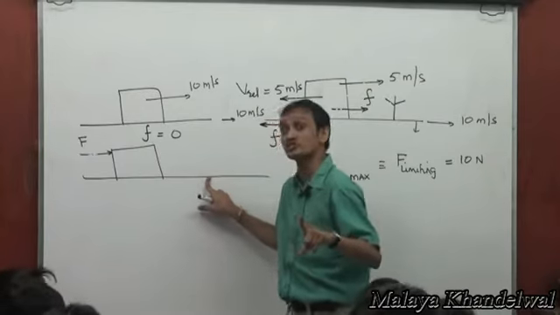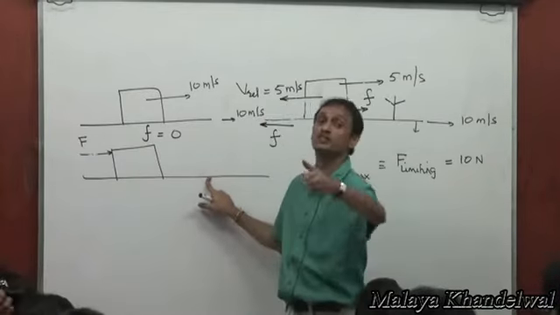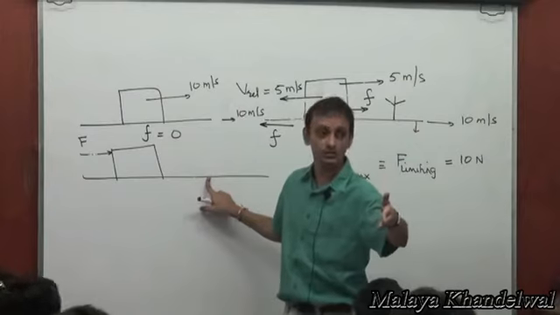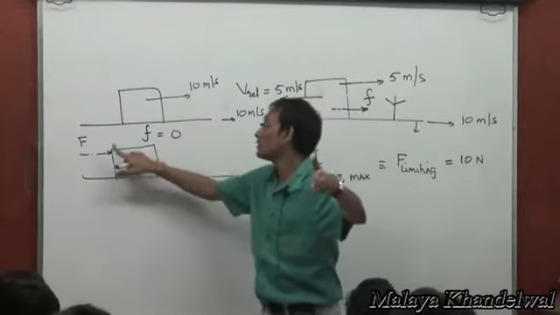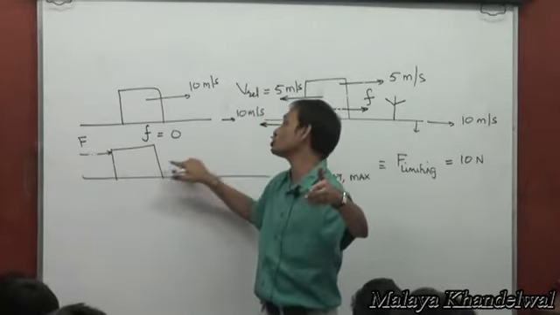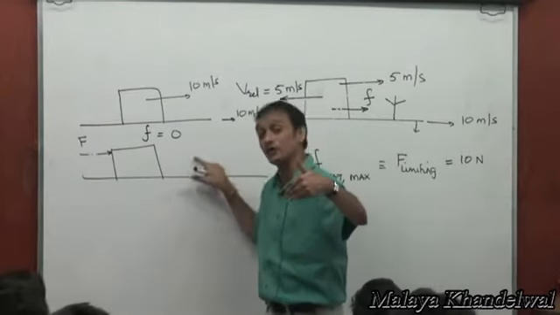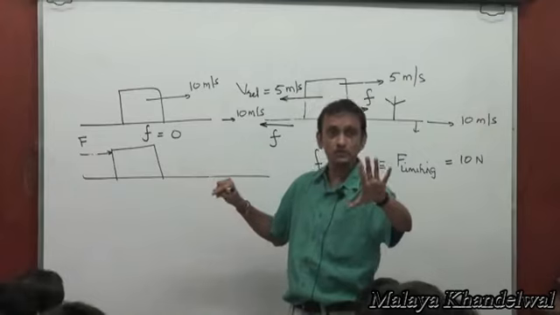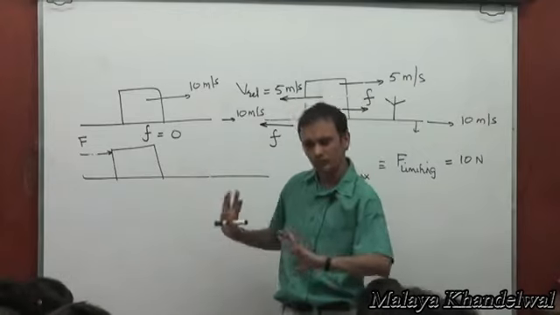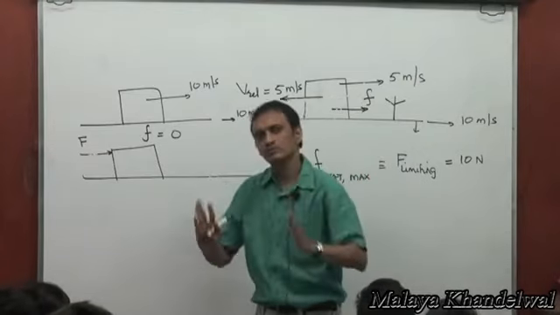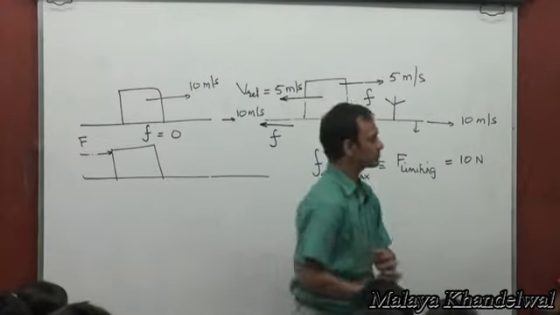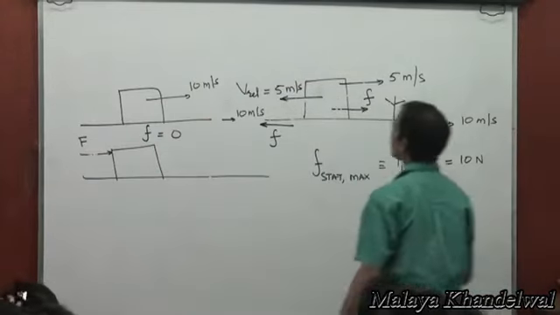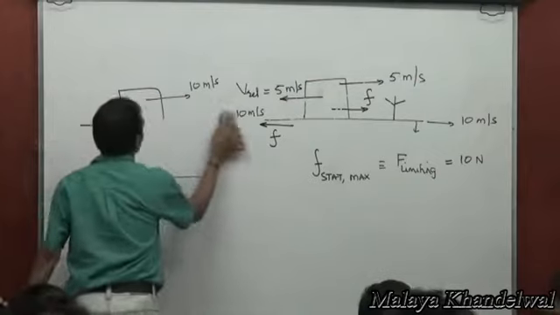If this surface is itself accelerated, then the statement is rubbish, right? Then the minimum F required to cause this to accelerate or to slide over this is no longer maximum static friction. I would illustrate that fact. But for the time being, just keep it in your mind.